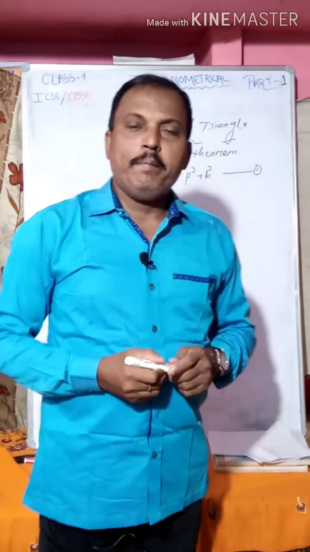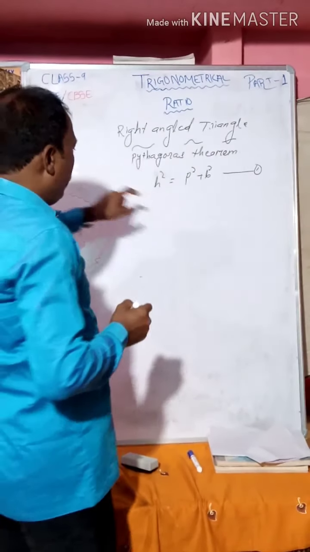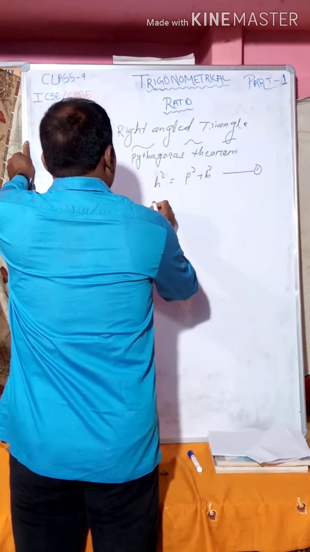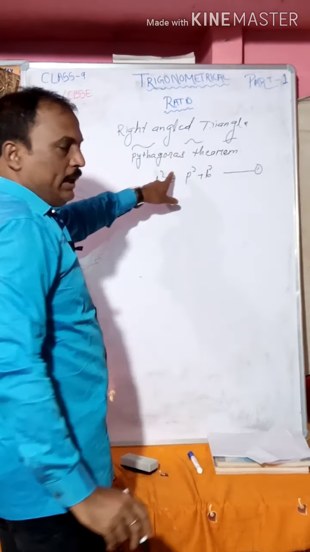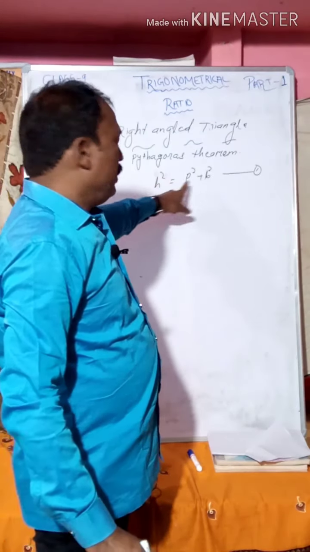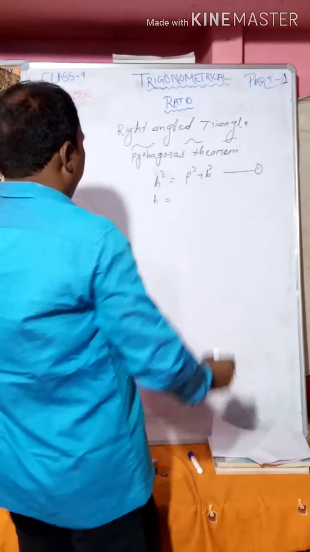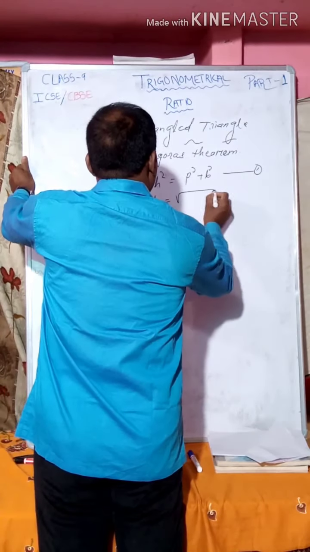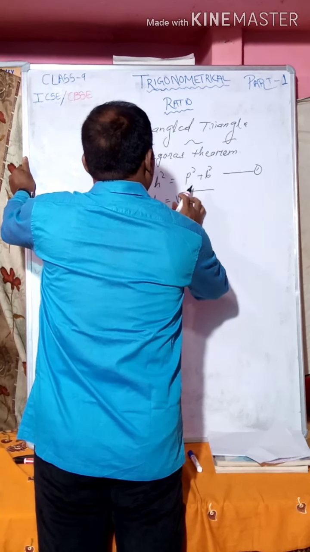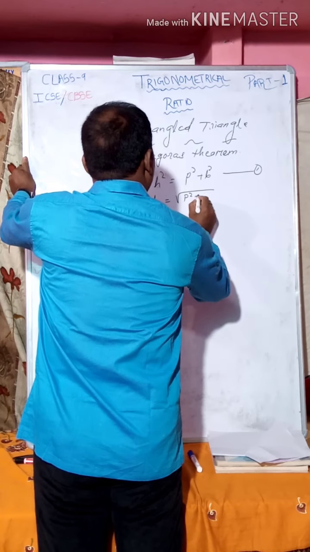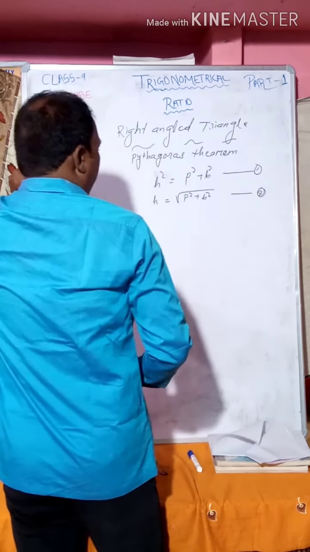You treat this as a formula. If H square is equal to P square plus B square, what will be H? When we omit the square on the left side, the square root will be on the right side. So H is the square root of P square plus B square. It is another formula.